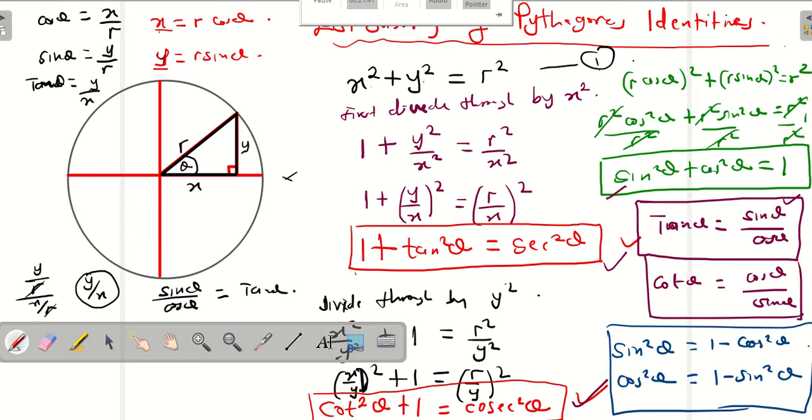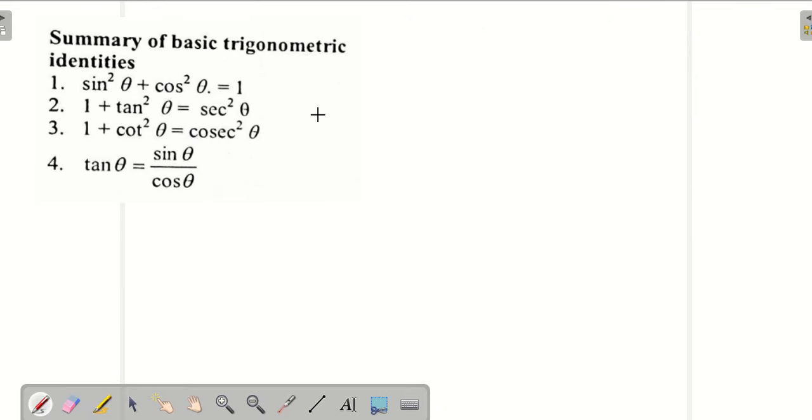Alright. So these are the summary of the basic trigonometric identities. Sine squared theta plus cos squared theta is 1. And also 1 plus tan squared theta is equal to sec squared theta. 1 plus cot squared theta is equal to cosec squared theta. And finally, tan theta is equal to sine theta over cos theta.